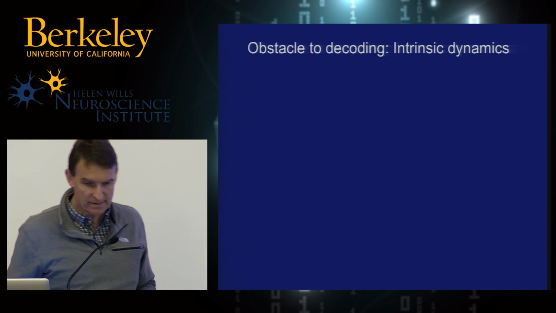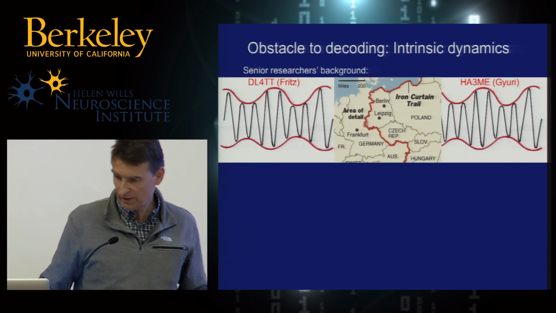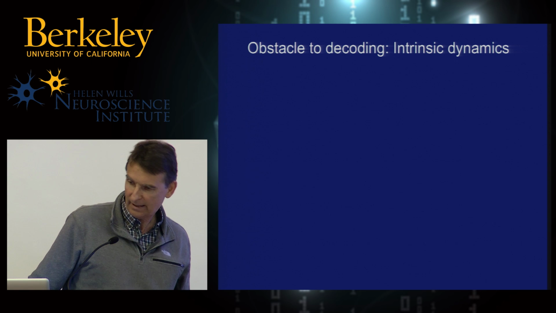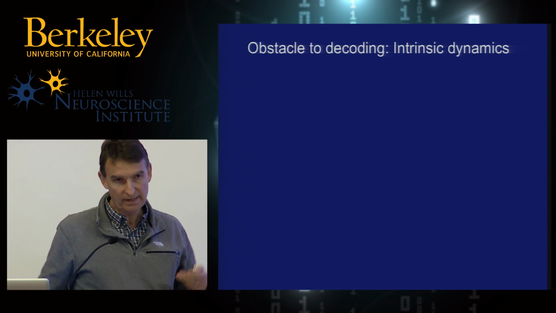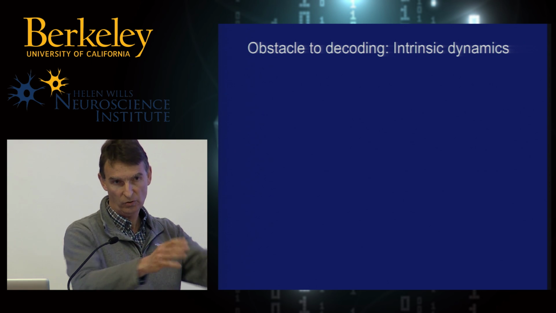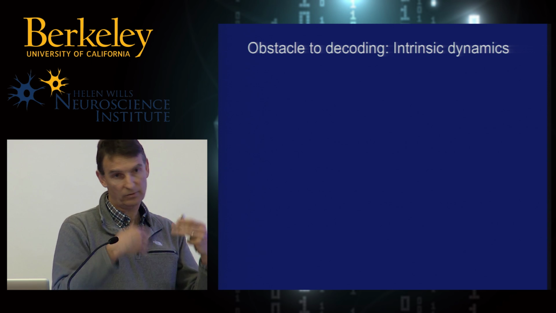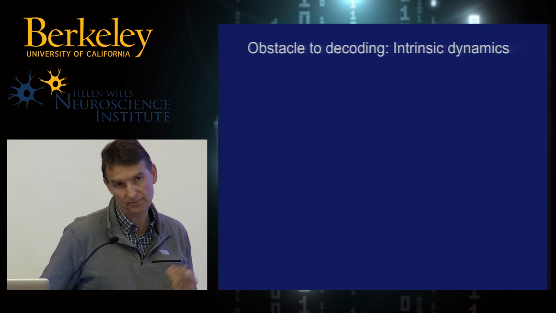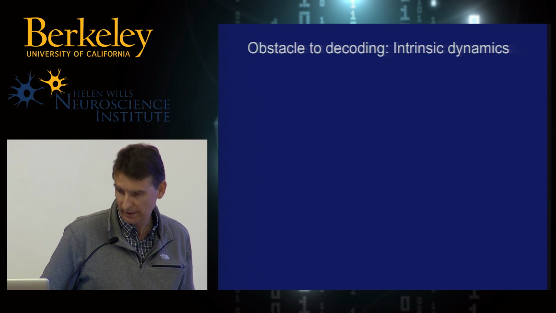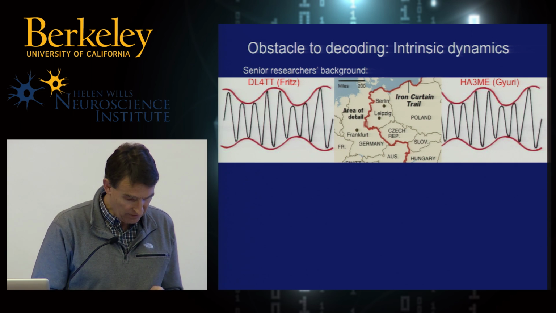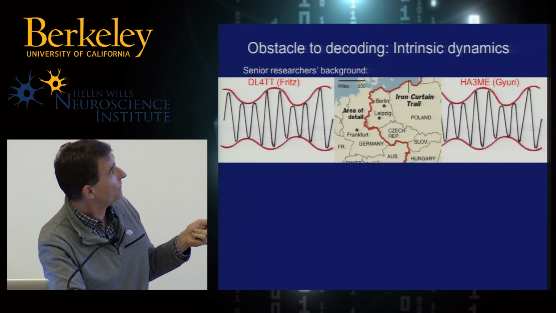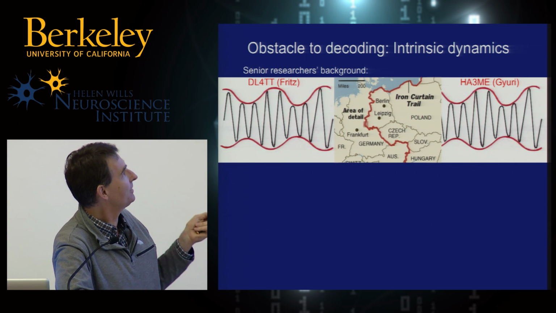And then, of course, the second obstacle to decoding the wave is that there is an intrinsic dynamics. There is this rolling wave through the tissue, which by itself is not correlated with the behavior and therefore certainly not helpful for decoding.